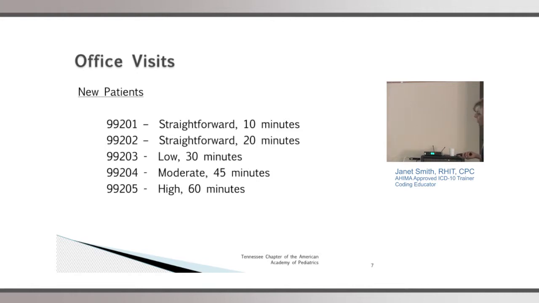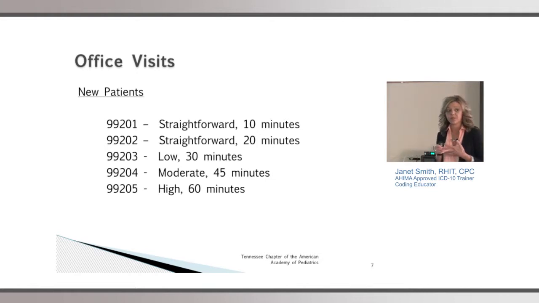The next set of codes that we're going to look at are pretty much your bread and butter codes. So these are your new and established office visit codes. I want you to pay particular attention to the time that's associated with these codes, because in the medical home, a lot of the visits that we see with our kids with chronic conditions, ADHD, behavioral health problems, emotional problems, obesity, oftentimes we can't meet some of the requirements for the E&M services with our history, exam and medical decision making.